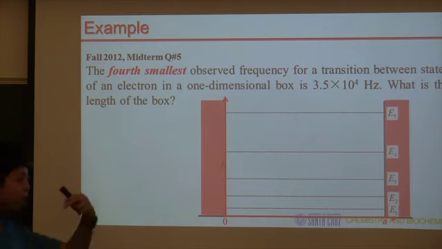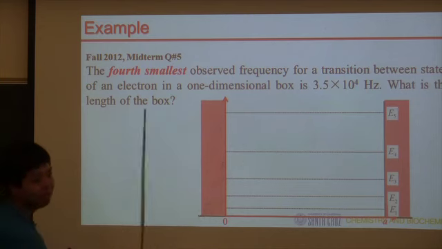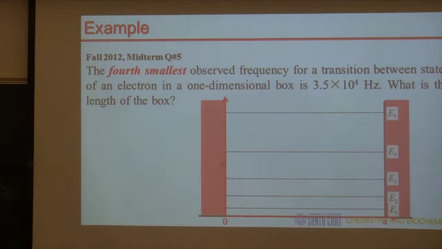Can you tell me it's from which quantum number to which one? Well, in a real exam, you don't have this picture to help you think. Here I just reduce the difficulty.